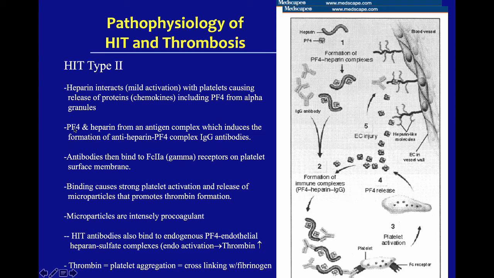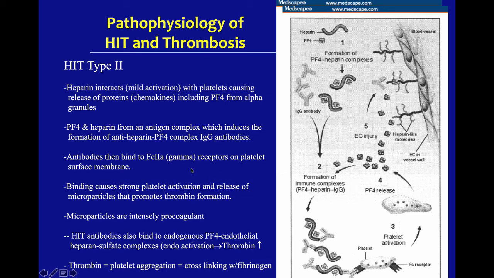Now, PF4 and heparin can form an antigen complex, which induces the formation of an antibody against it. Here's our classical Y-shaped IgG antibodies, and the antibody is formed against this antigen complex of heparin and PF4.